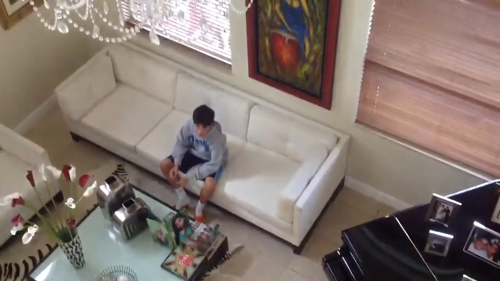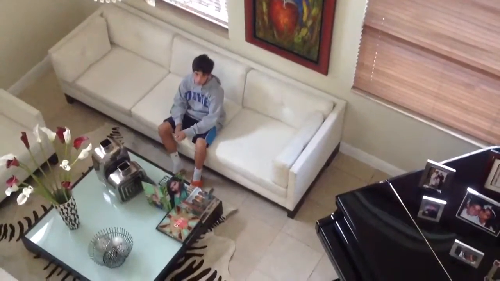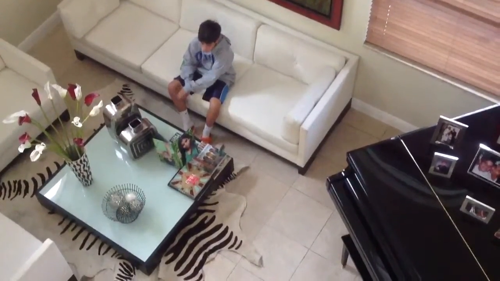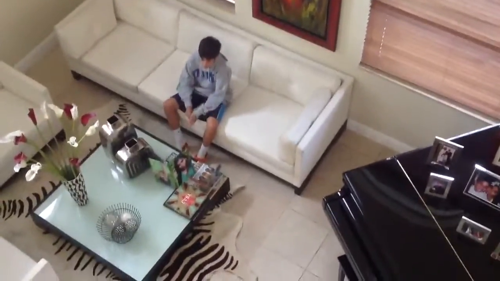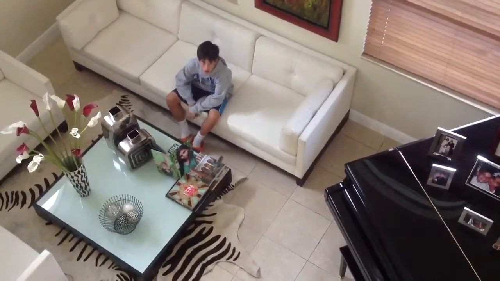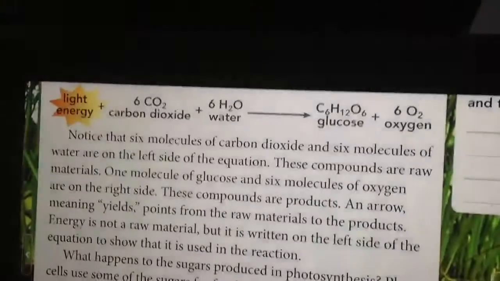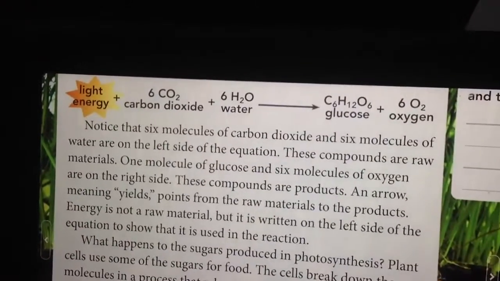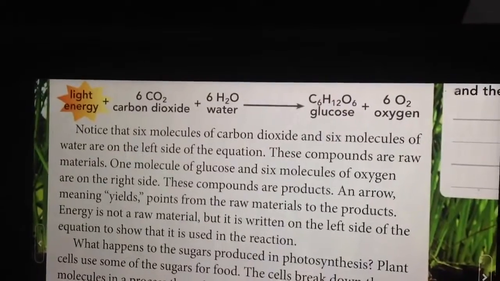The chemical equation for photosynthesis is light energy plus 6 CO2, carbon dioxide, plus 6 H2O, water, yields glucose, C6H12O6, plus 6 O2, oxygen.